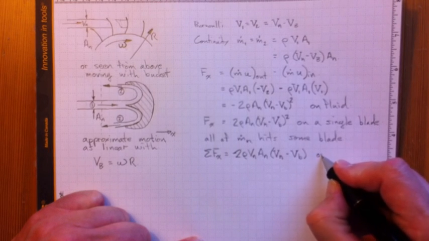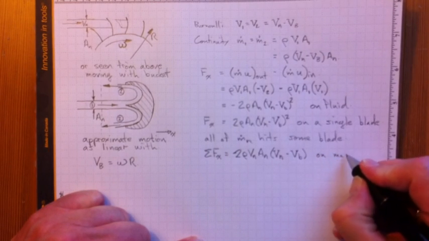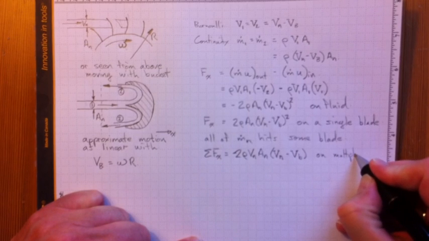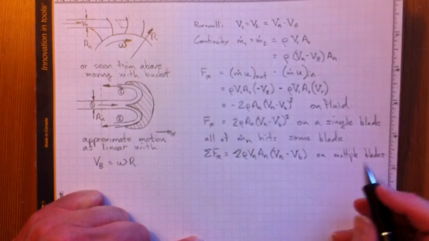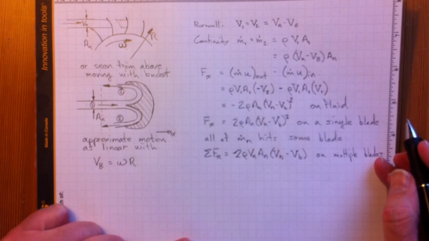And that's on multiple blades. Typically we might expect two blades in contact with the jet of water at the same time.